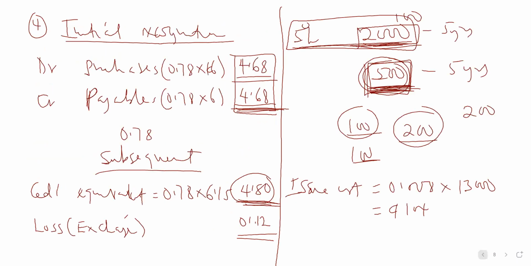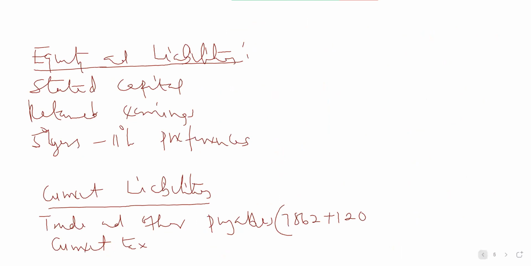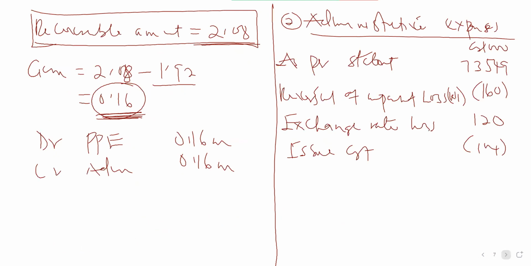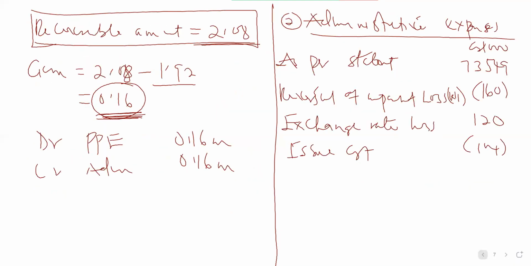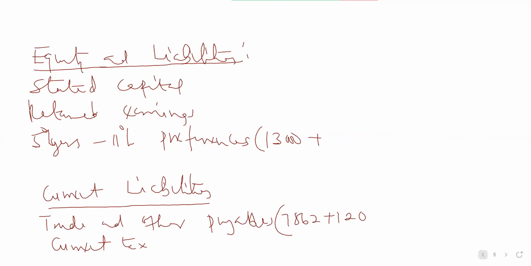So you go to your statement of financial position. You can do your 13,000 first, then you add the difference, which will be 14. Or you can decide to bring your new figure now without adjusting the old one.